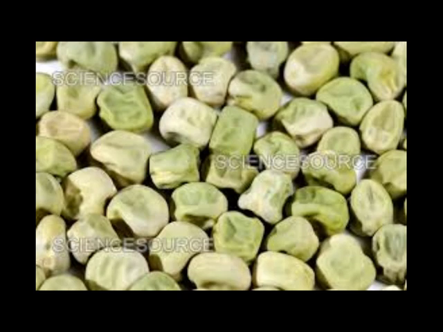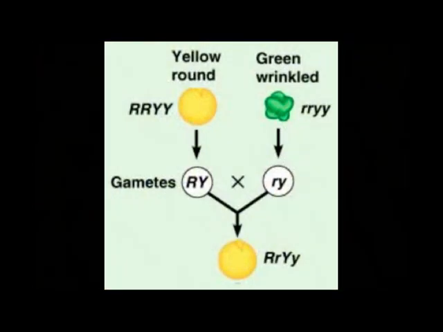Now in the same way, in Mendel's dihybrid cross, we can see two traits were taken: a male pea plant with round and yellow colored seeds. Two traits, round and yellow, means shape and color, both are taken. It was crossed with a female pea plant with wrinkled and green colored seeds.